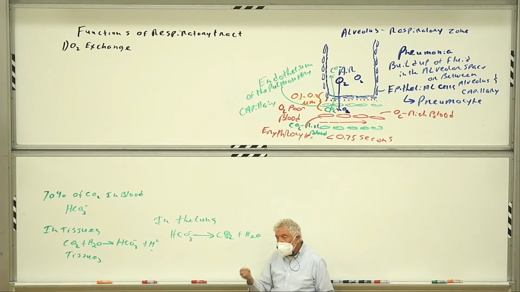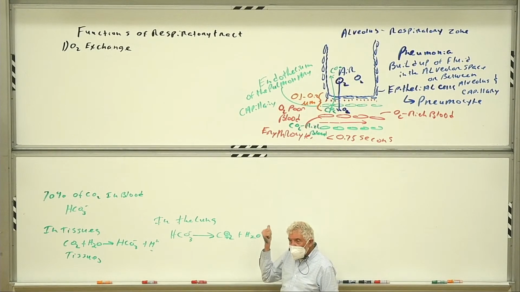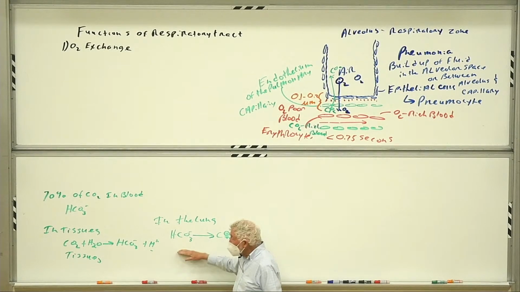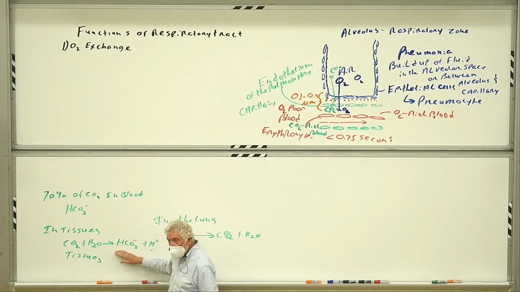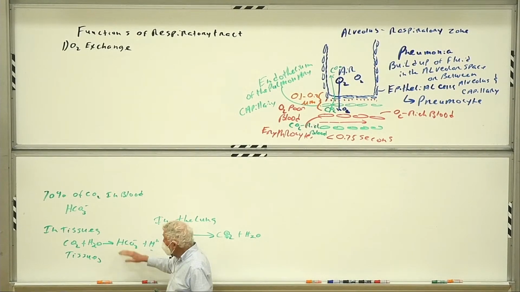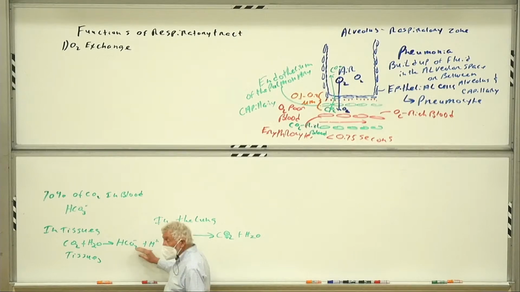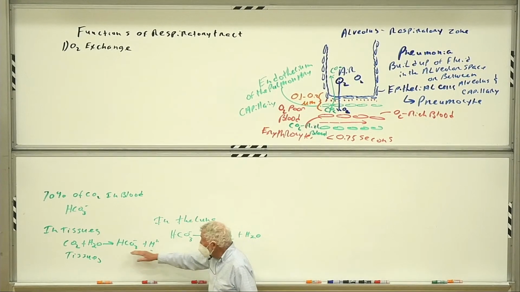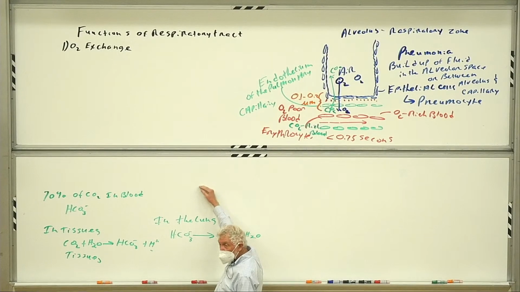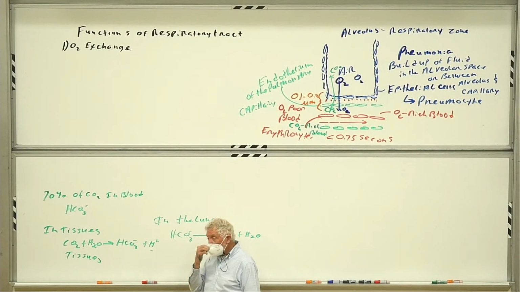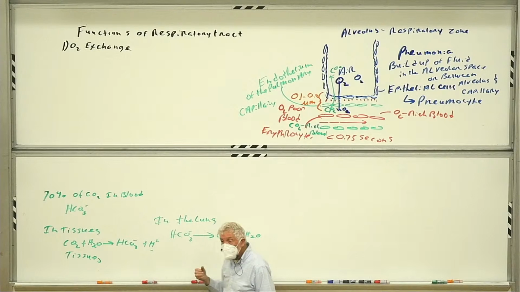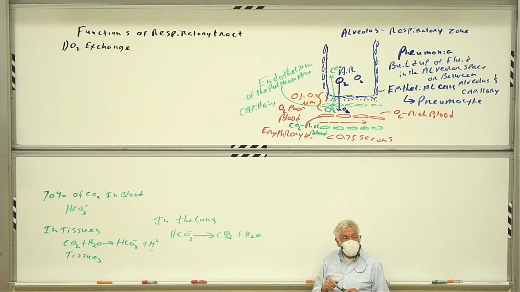We're carrying oxygen on hemoglobin, but we're carrying carbon dioxide predominantly as bicarbonate dissolved in the blood. And because we have these clever enzymes, we can rapidly make bicarbonate and hydrogen ion in the tissues. And then back in the lung, we can take the bicarbonate, convert it back into CO2, and let CO2 then diffuse back out of the blood into the alveolar space. Okay? Anything else?